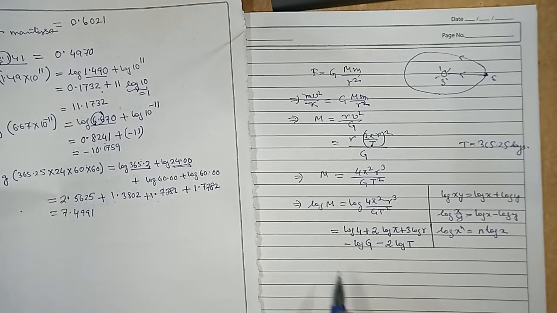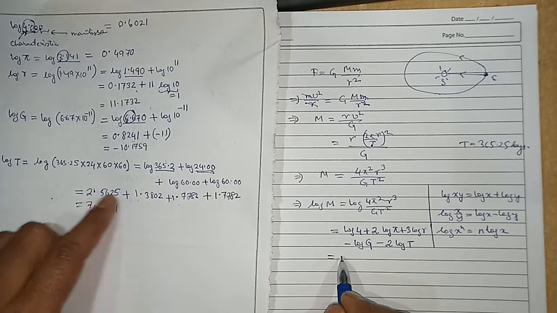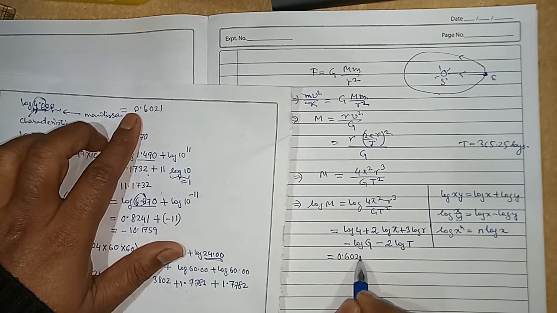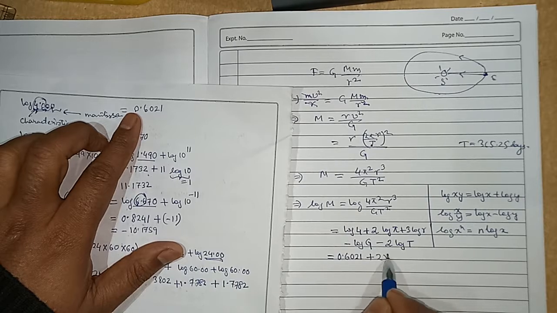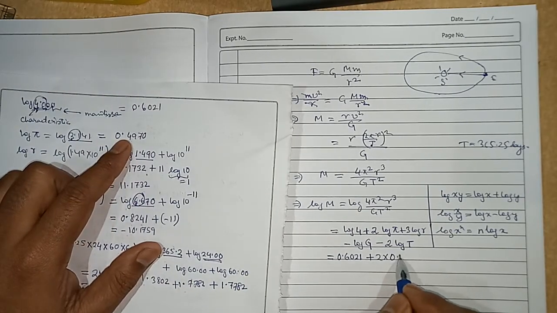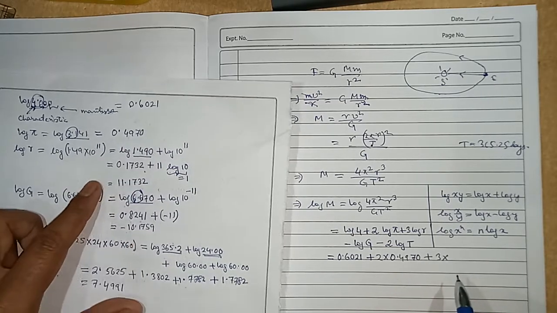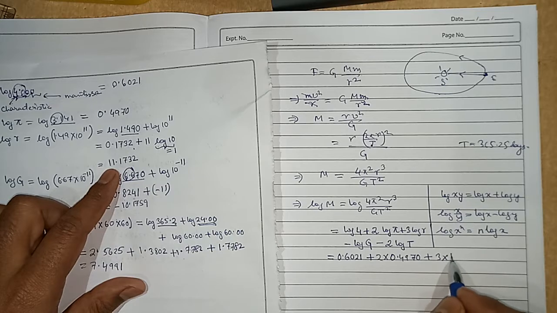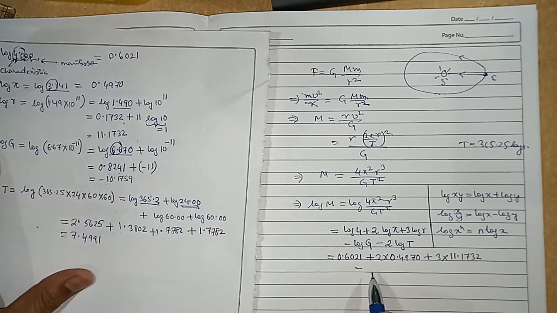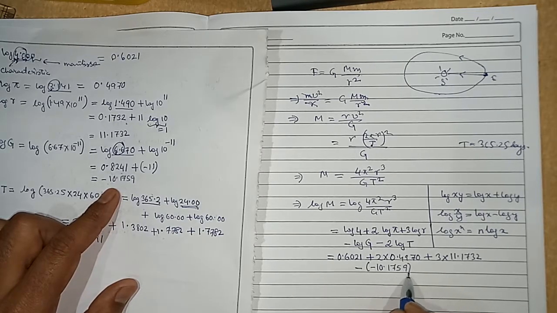Now we have to use these values in our calculation. So we put the respective values. Log 4 is 0.6021. Log pi is 0.4970. Log r is 1.1732, minus log G is minus 10.1759.